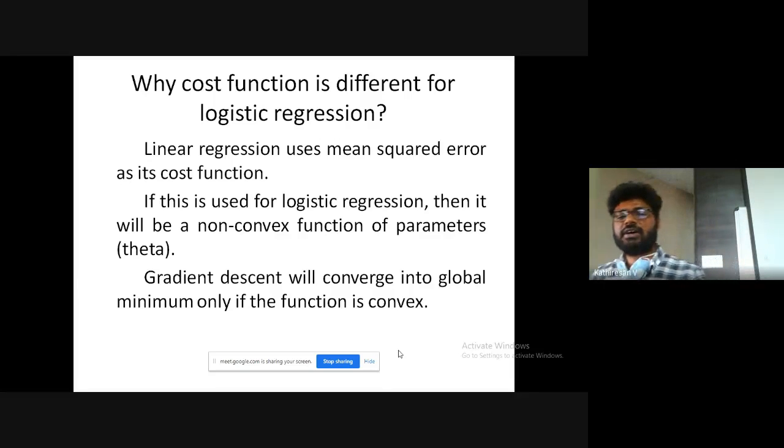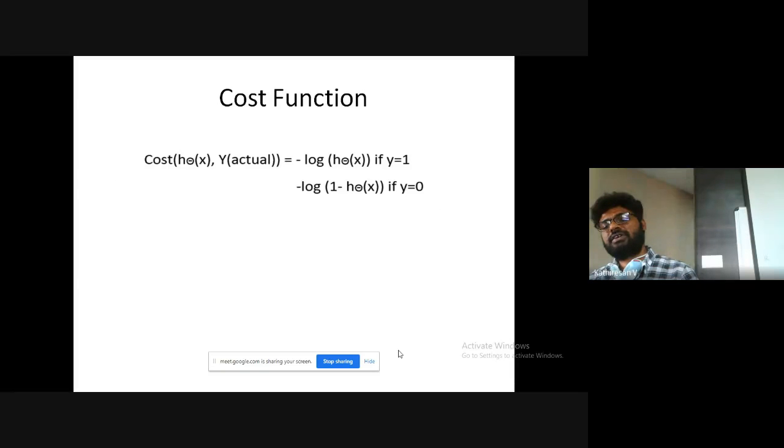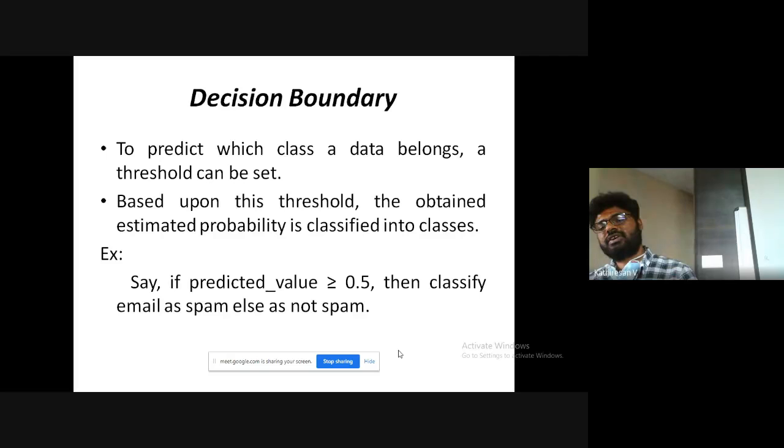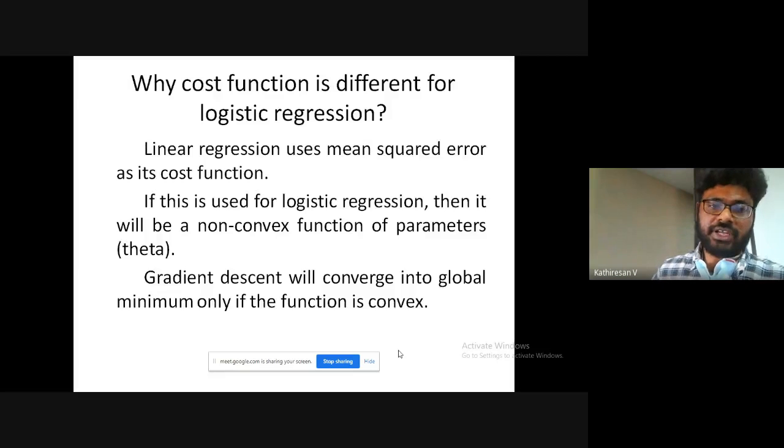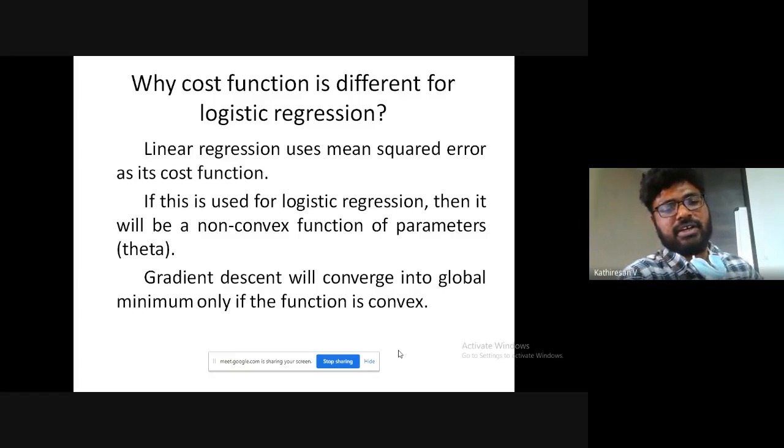Why are we using a different cost function for logistic regression than for simple linear regression? Just look at this slide and have your idea why the cost function is different here.